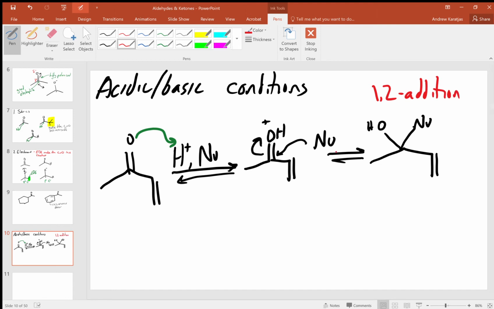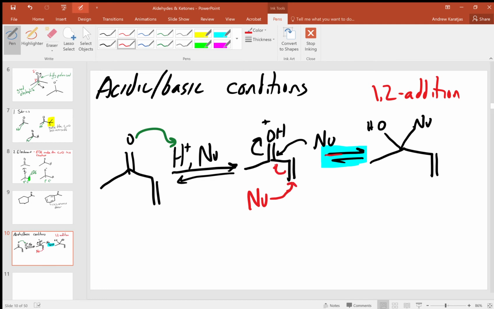But note that this is reversible. And under certain conditions, if we revert back to the protonated carbonyl, the nucleophile can instead attack at the double bond.